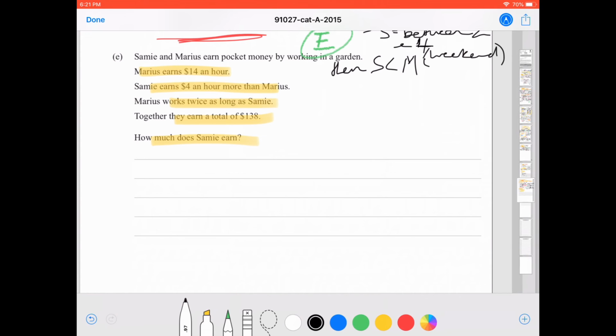Okay, defining some variables. Let's say S is Sammy and M is Marius. Okay, and so we know that Marius earns $14 an hour.